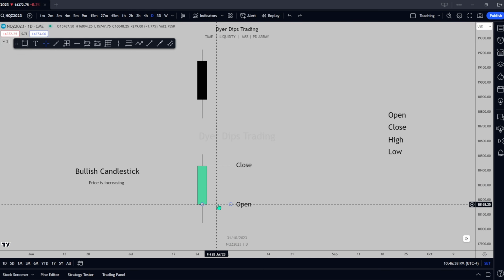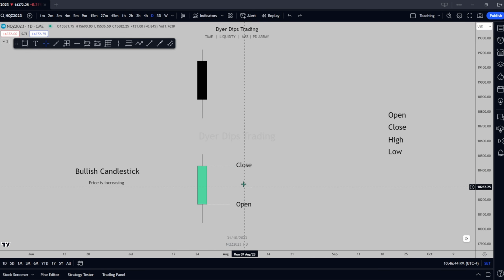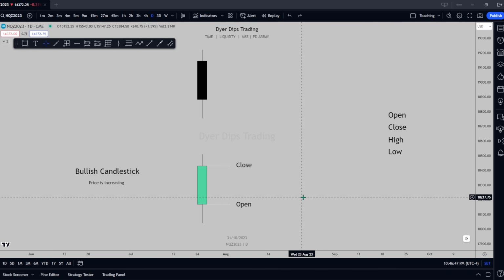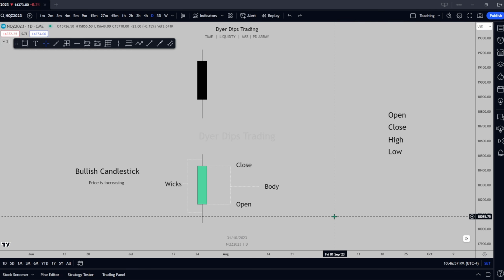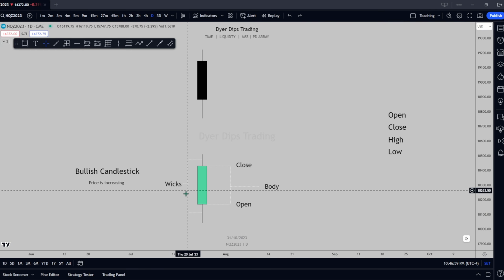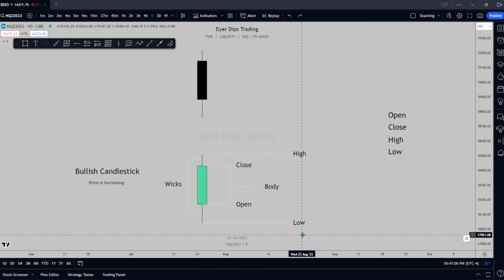So from the bottom of the green area to the top of the green shaded area, that is your open and your close price. And together, those 2 data points make up the body of the candle. Now, these black lines that you see on the top and bottom of the candle are what are referred to as wicks. When we look at the wicks here, we can understand that we have a high point of this candlestick and we have a low point of the candlestick.